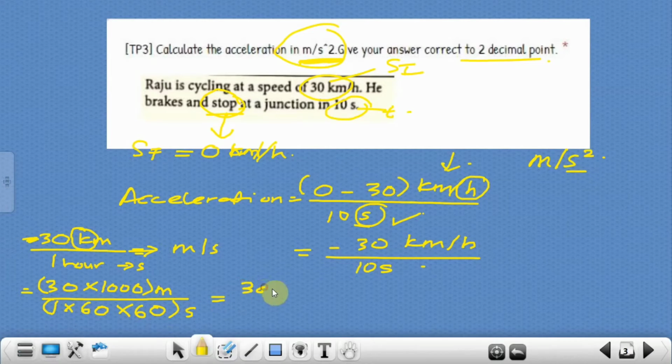So this will be 30,000 divided by 3,600.